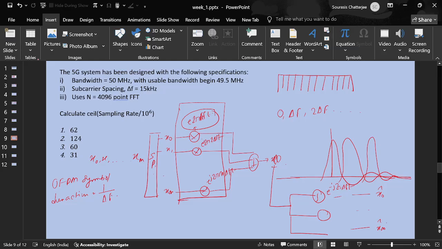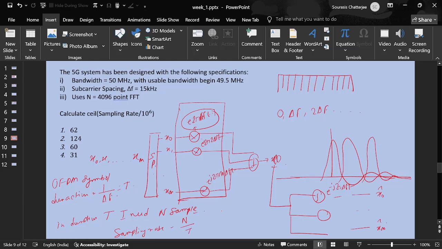Yes. So if my argument is something like that, if let's say this is T, in duration T, I need N samples. So what should be my sampling rate? T by N. Not exactly, just the opposite.